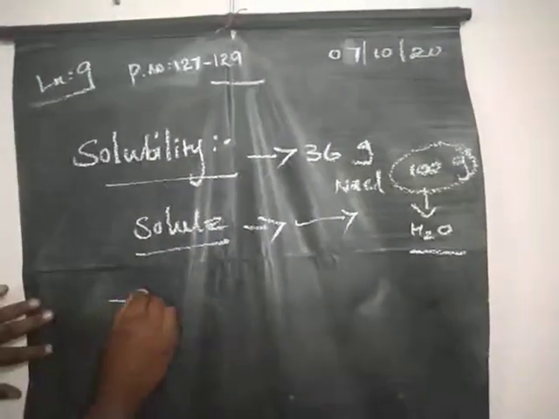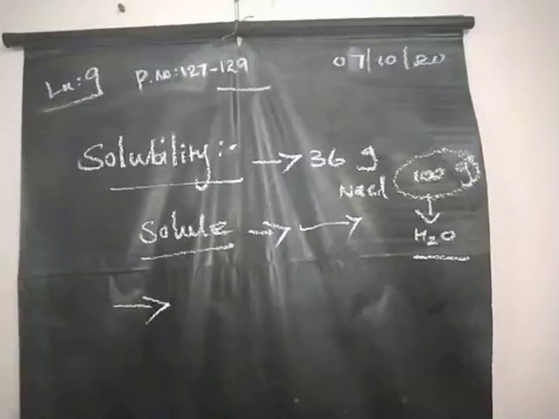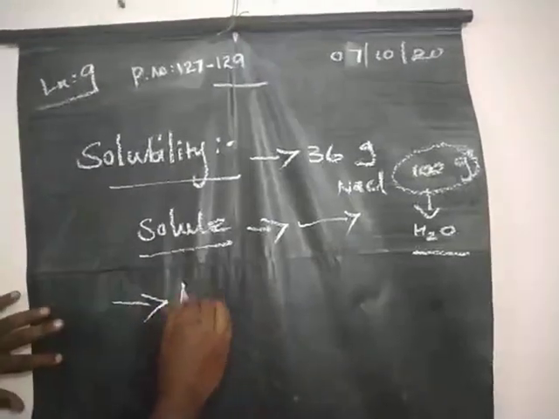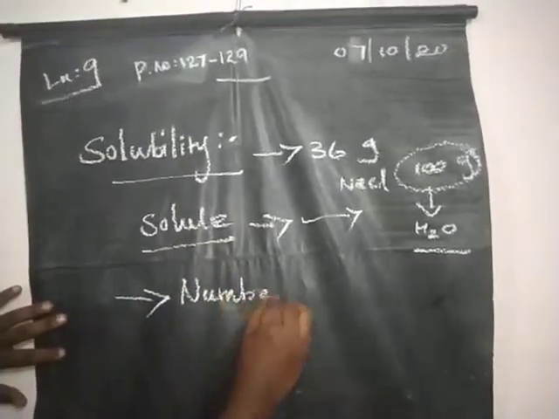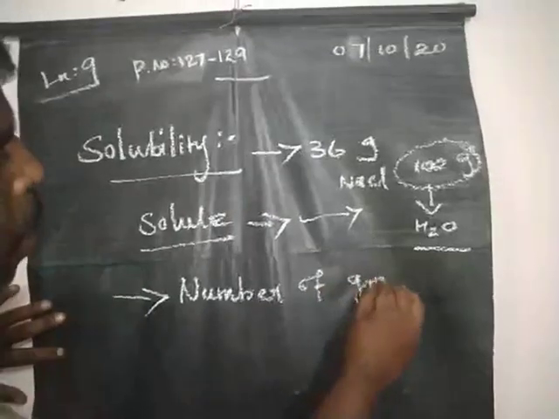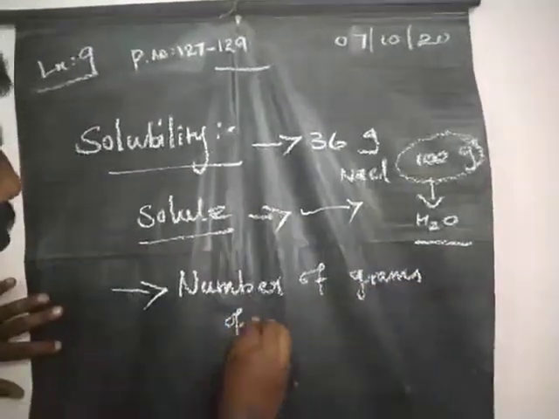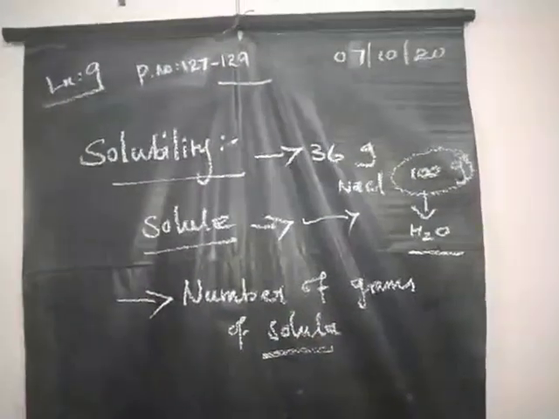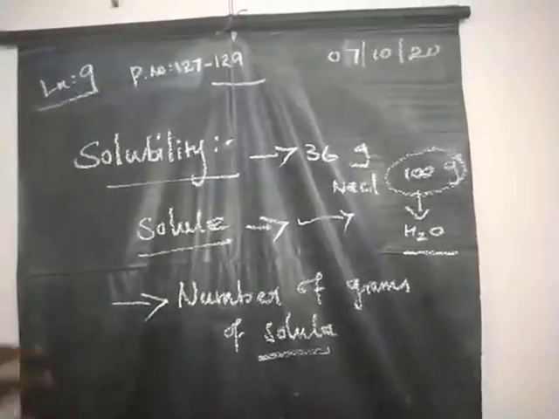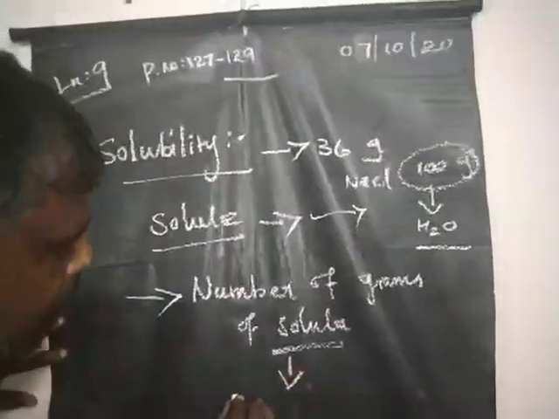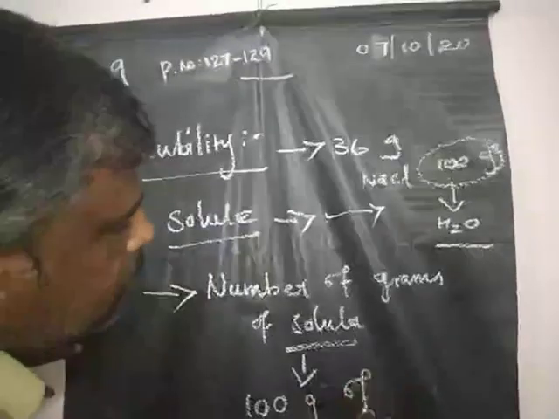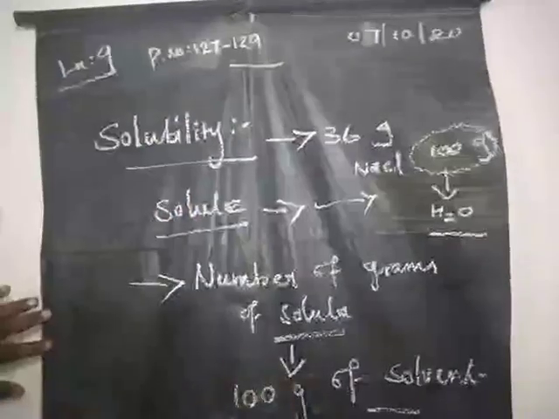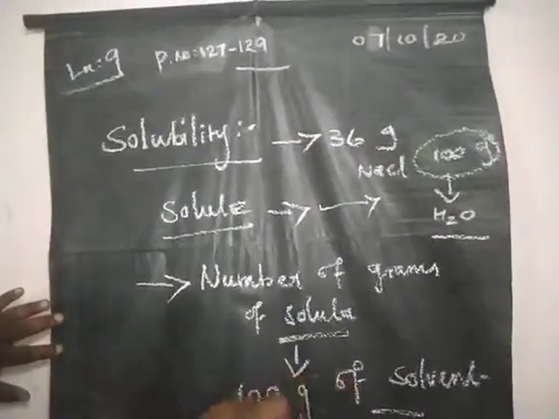So what is the definition for solubility? Solubility is defined as the number of grams of solute that can be dissolved in 100 gram of the solvent to make it saturation at a given temperature.